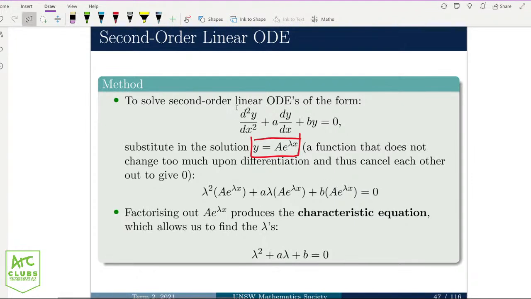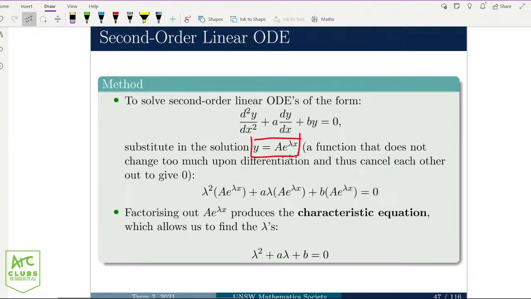As you can see here, we want all of these terms to cancel out to give us 0. So it makes sense that we want some function y that doesn't really change once we've differentiated once and twice, so that when we add all these terms together, we still end up getting 0.